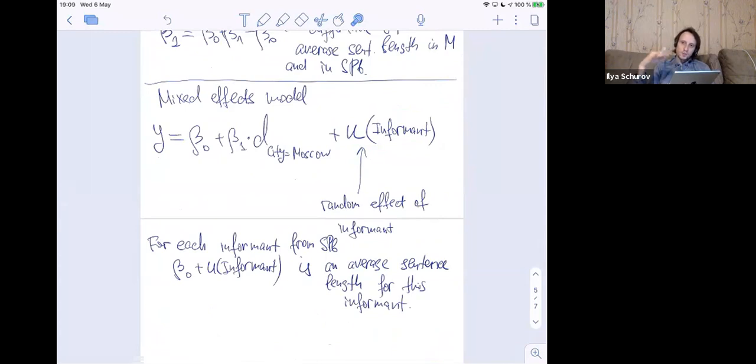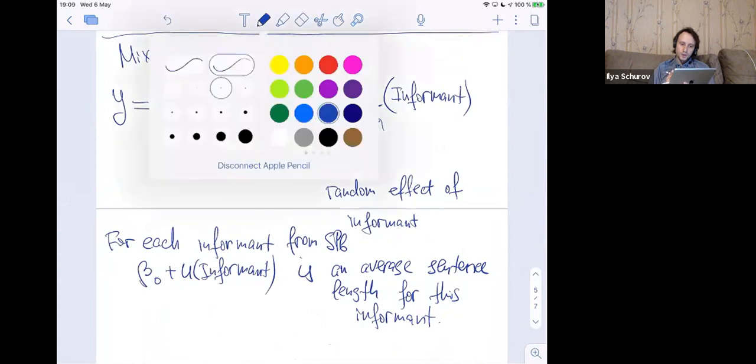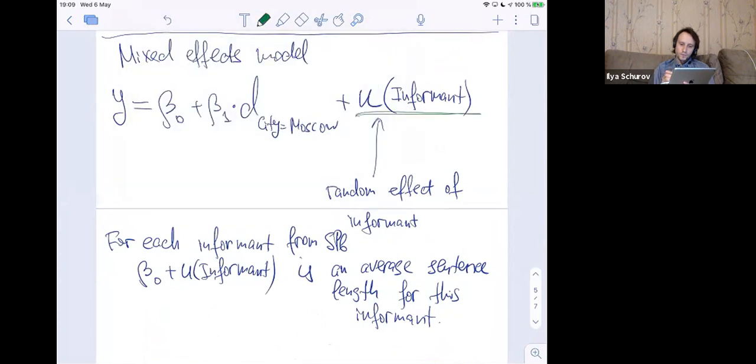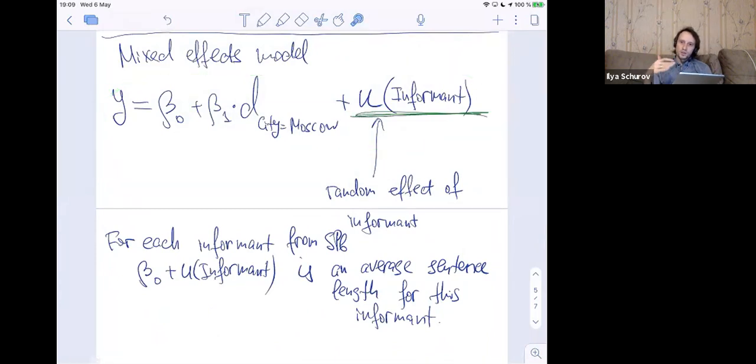So we catch some differences between informants. In a random effects model, we assume that this variable is random. So basically, this equation corresponds to my data generation process that I discussed previously.